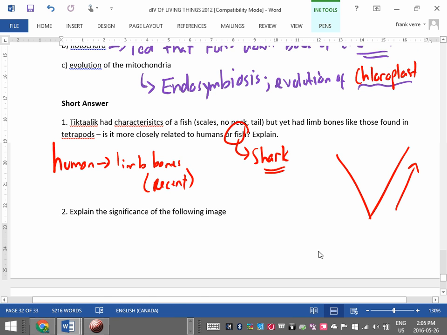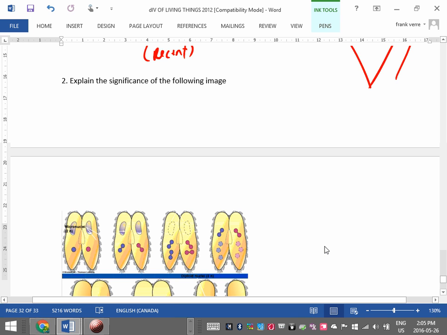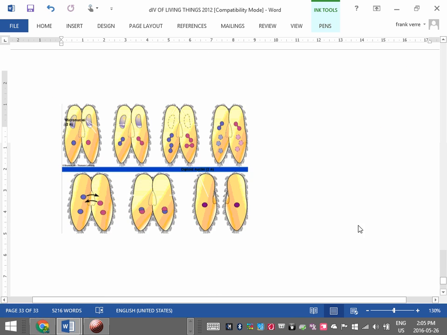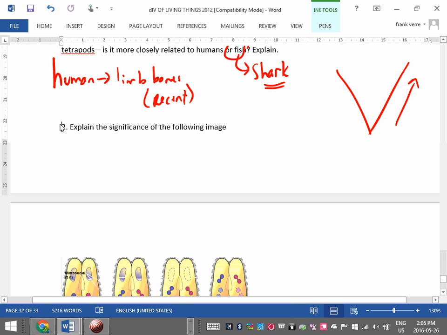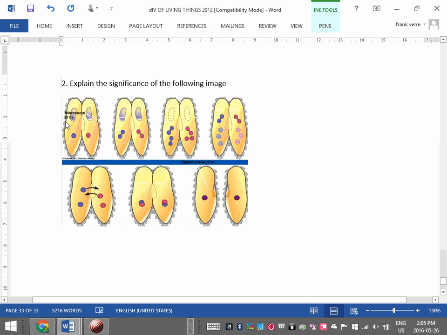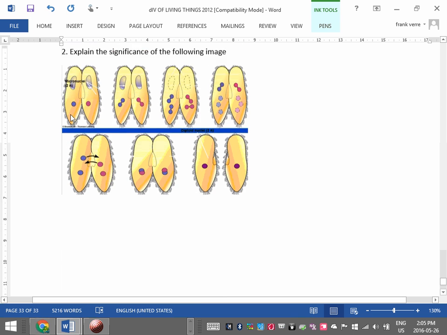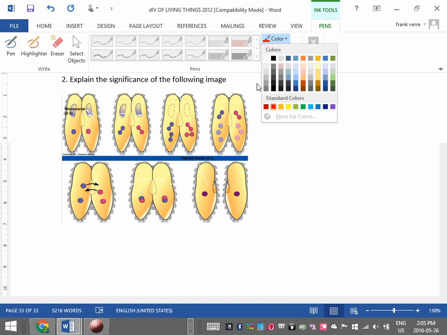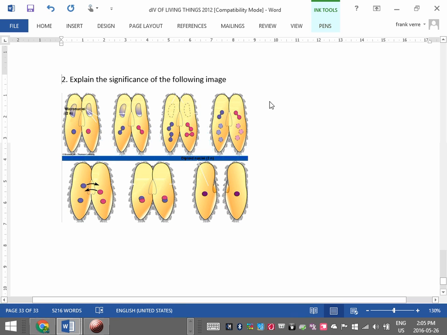Alright. What about if I throw up this picture and said to you, what is the significance of this? Let me move this down so you can see a little bit better. So what would you say? Just sexual reproduction? That's all you're going to say? So this is a form of sexual reproduction.